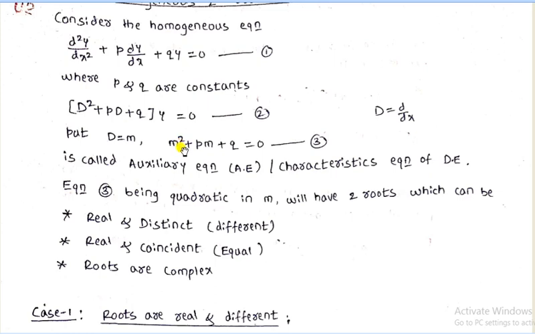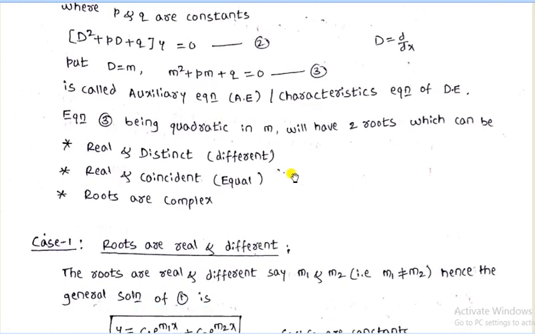So here m^2 denotes equation 3 containing 2 roots, and these 2 roots are of the following forms. The first one is real and distinct or different roots. The second one is roots of equation 3 that are real and coincident, coincident meaning equal roots.